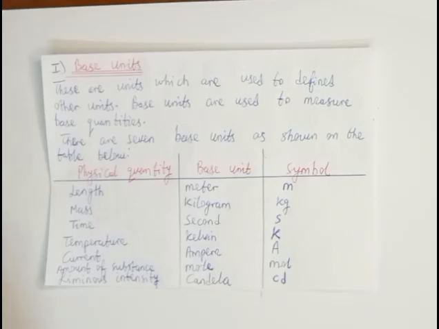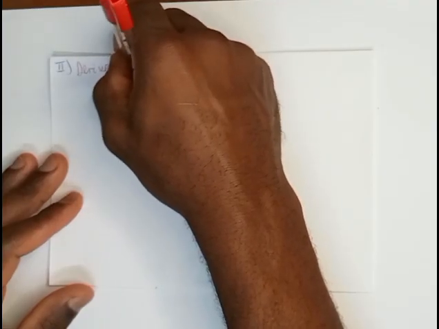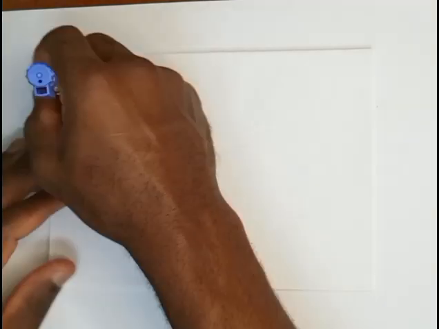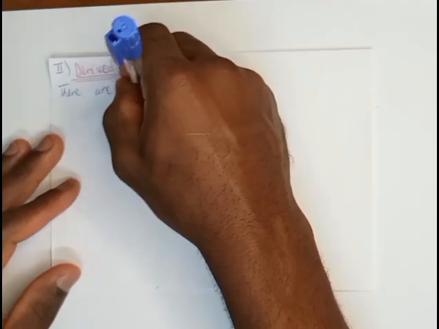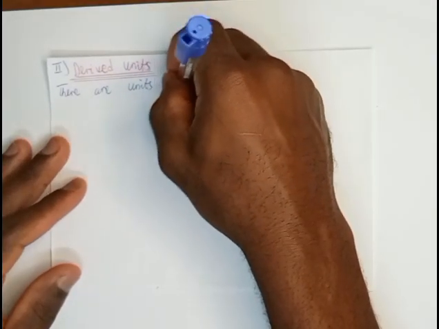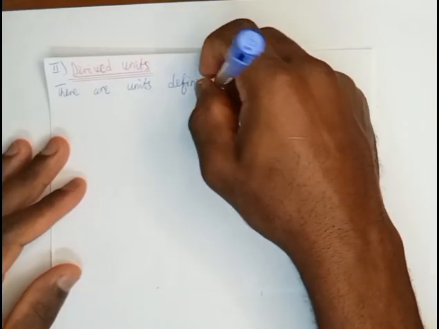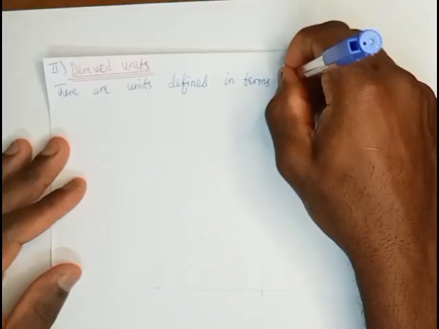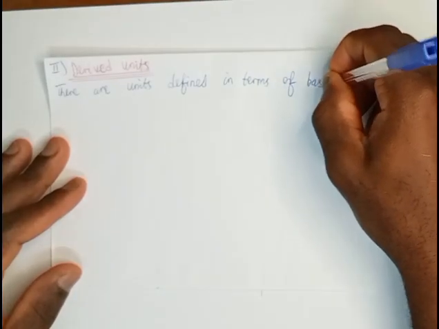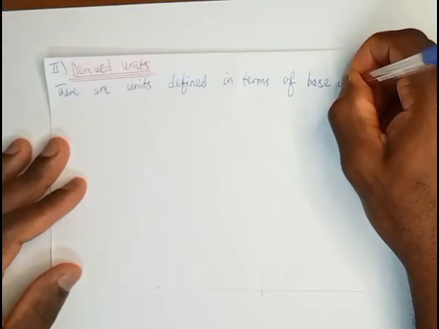Next, we look at the derived units. Take 2i, derived units. When we talk of derived units, these are units defined in terms of base units.